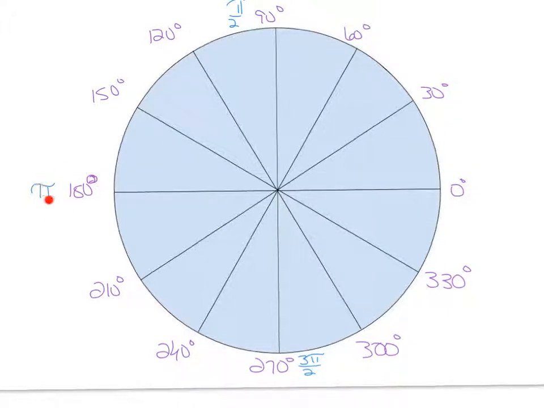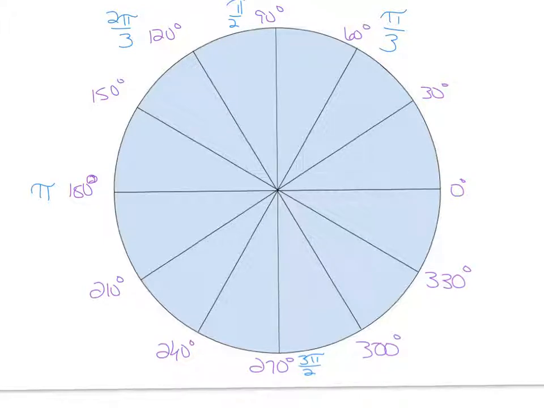If 180 degrees is pi, 60 degrees is a third of that, right? 60, 120, 180. So 60 degrees is pi over 3. That would make 120 degrees 2 pi over 3.